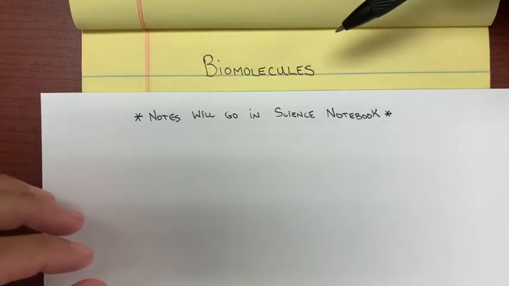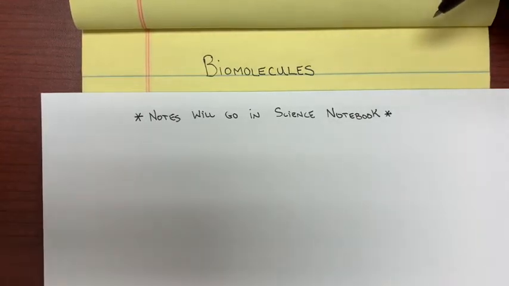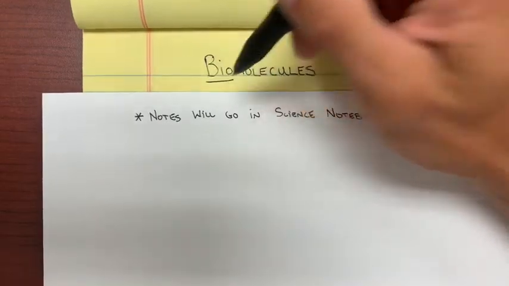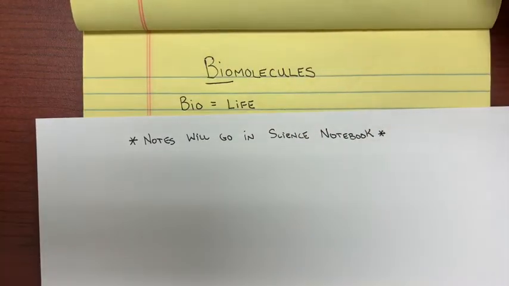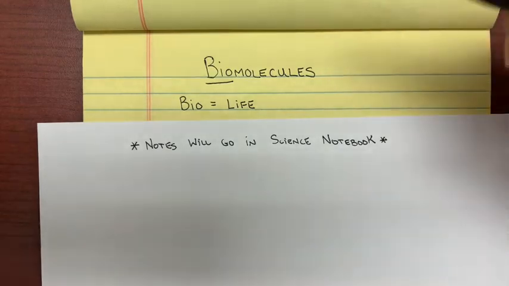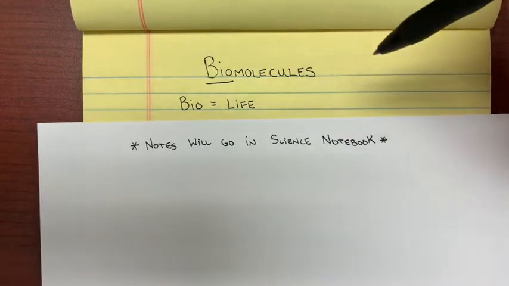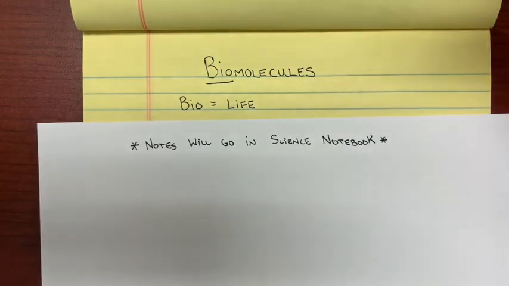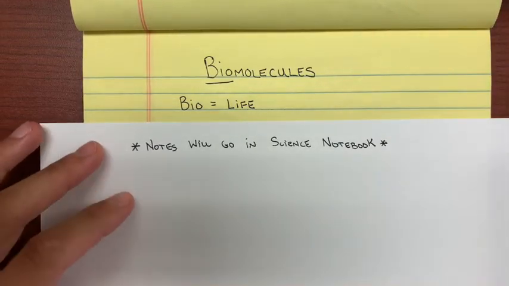So the title is Biomolecules, and the word bio means life, okay? So basically biomolecules are the building blocks of life. So everything that's living is biomolecules. So bio means life.